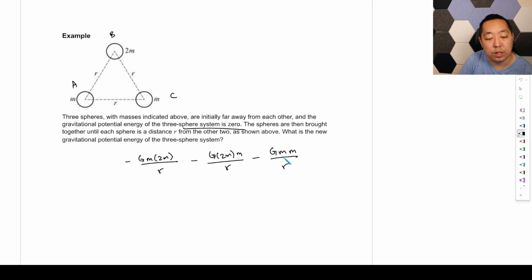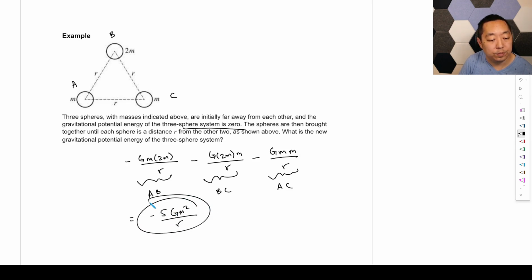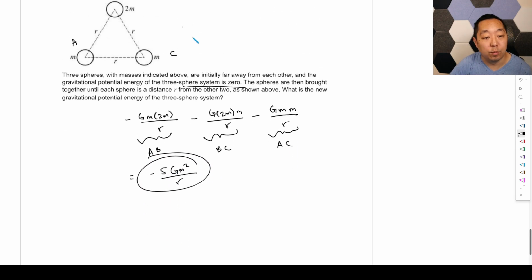So this one here is A and B, this one here is B and C, and this one here is A and C. Every possible pair has a potential energy, and we just add that up. They're all G m squared over r. I have 2, another 2, that's 4, another one that's 5. So this is minus 5 G m squared over r. And that's how you would do it for multiple objects.